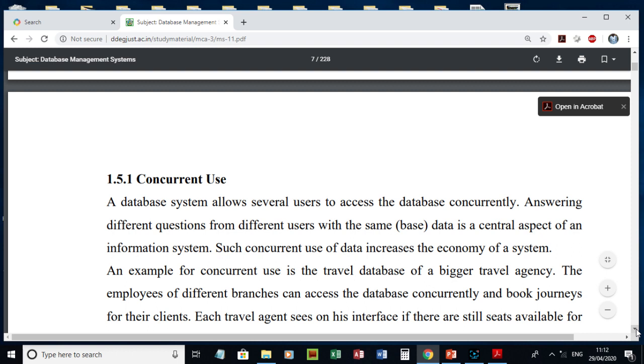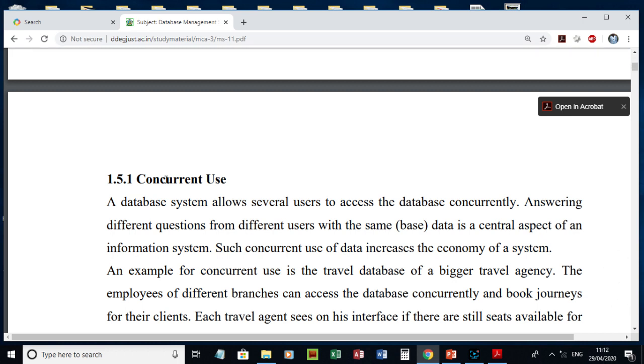Let us say the data economy. An example of concurrent use is a travel database. As I've told you, I'm not going to read everything, but the essence of the syllabus is both theory and practice.